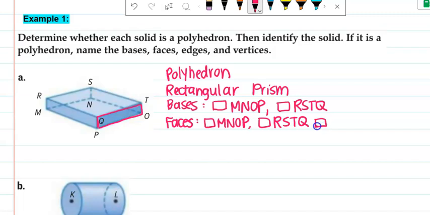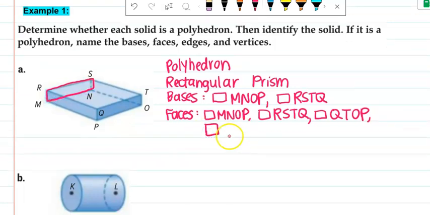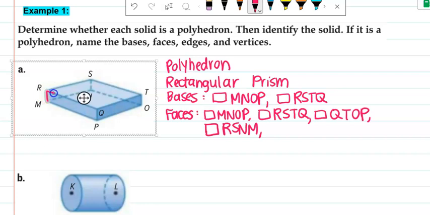I'll just call that Q-T-O-P. And then we'll just do the other side. Lots of things to name. R, S, and M. Alright, and then we'll do this front piece here.